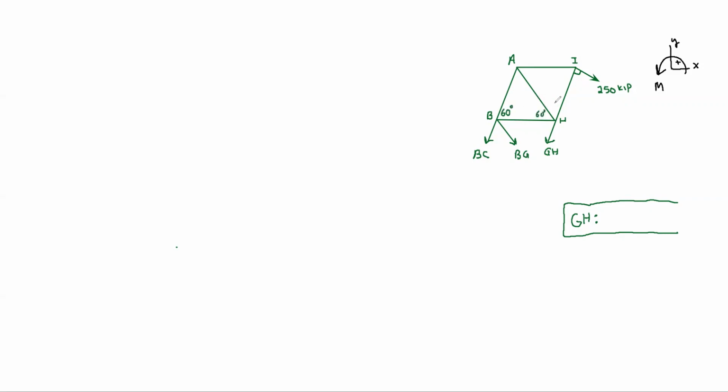Joshua, if you're watching, I know they don't look like they're all 60, but they are, because they're equilateral triangles. And this one's a 30. We're told this is a right angle. 90 plus 60 is 150. 180 minus 150 gives us 30, in case we need that.